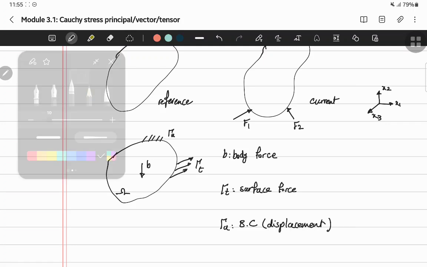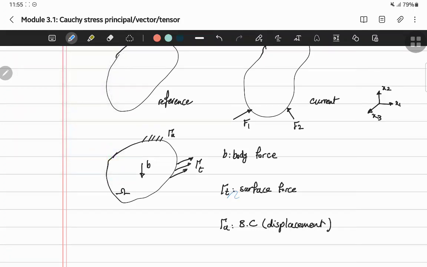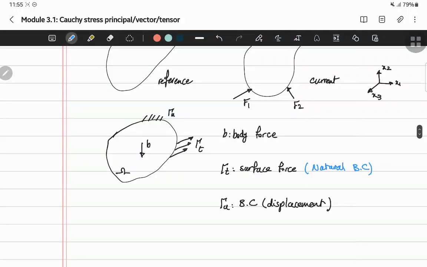Sometimes we call this gamma t as natural boundary conditions, and this gamma u as the essential or geometrical boundary conditions.